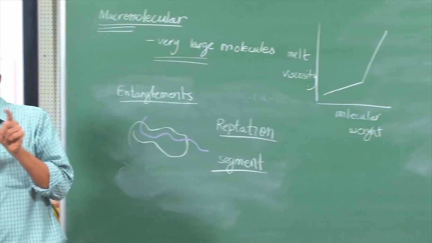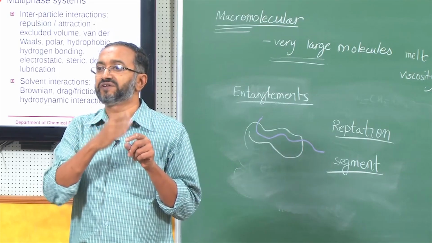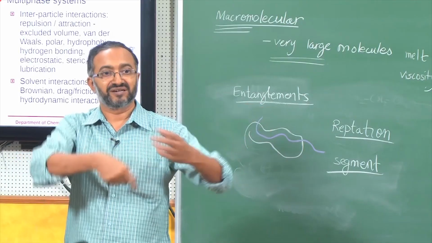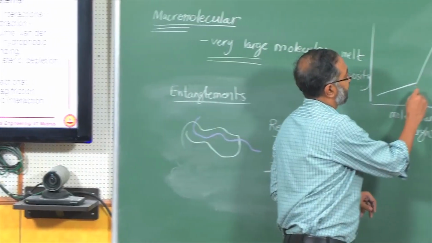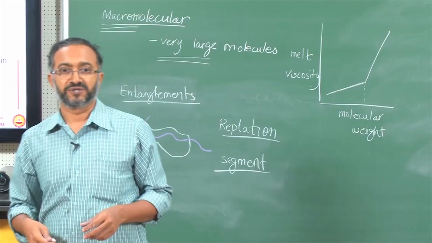And so, what happens is if you have small molecules, then they do not entangle with each other. It is like if you cut noodles very small, then there will not be any entanglement, but if there are long noodles, then it will be easy for them to get entangled. So, therefore, entanglement happens whenever there is a critical length beyond which entanglements are possible.